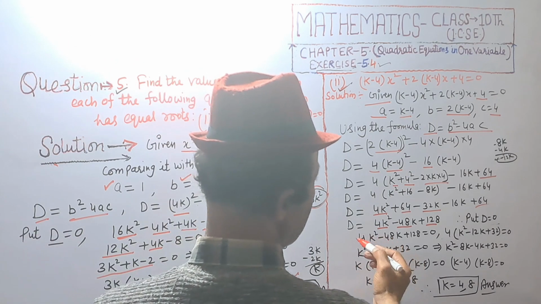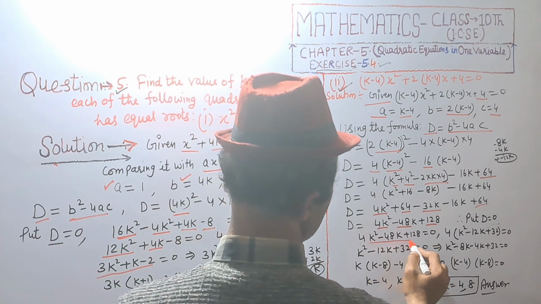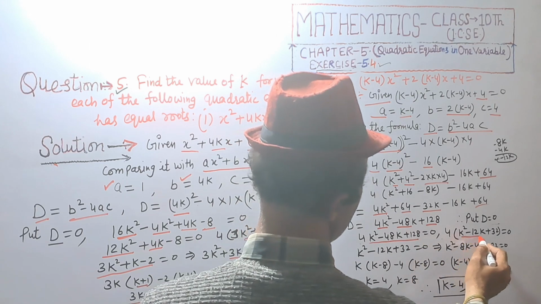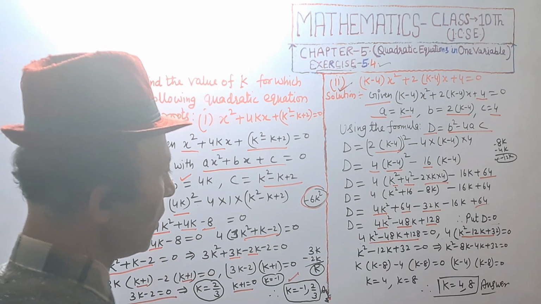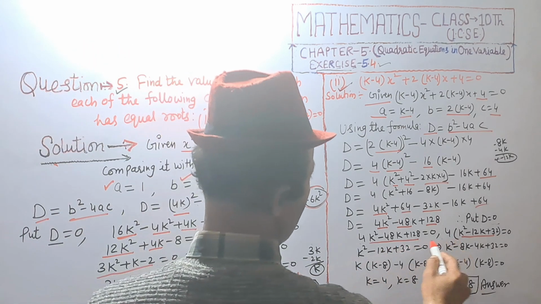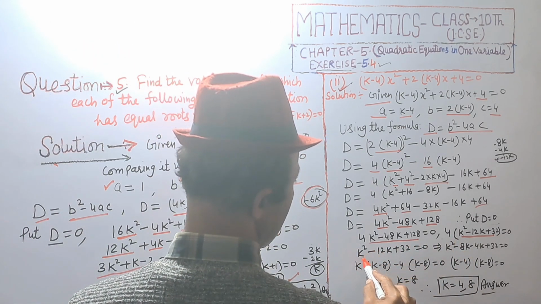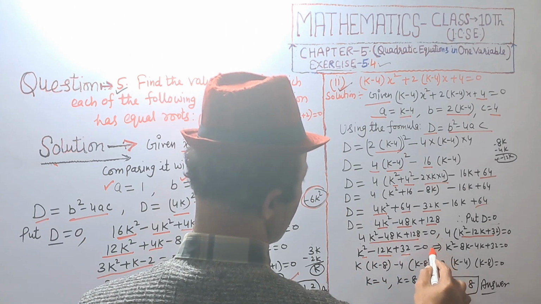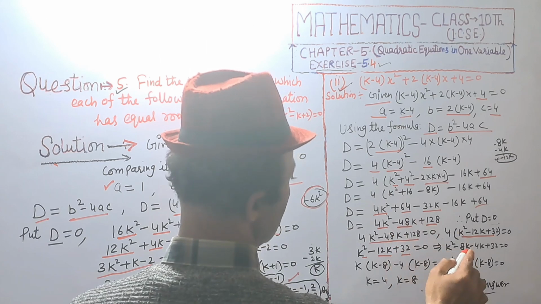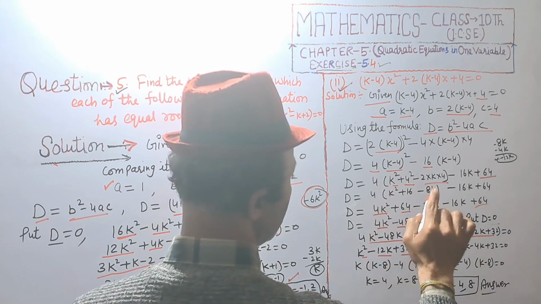Then 4 is taken common in this quadratic equation, in the bracket k square minus 12k plus 32 equal to 0. And the quadratic equation is k square minus 12k plus 32 equal to 0. We are solving this quadratic equation by splitting the middle term.